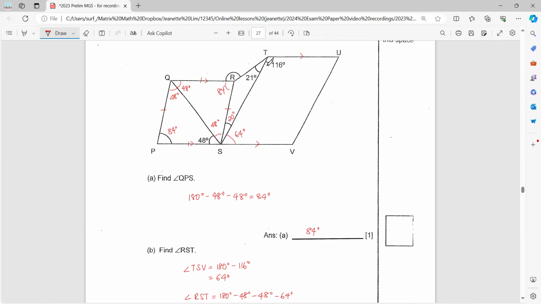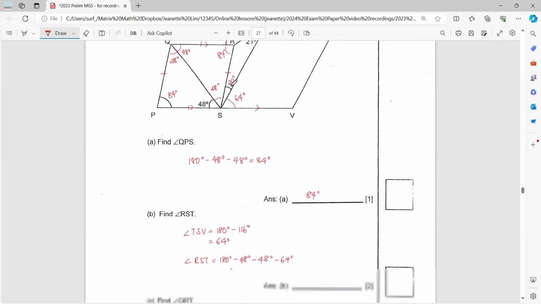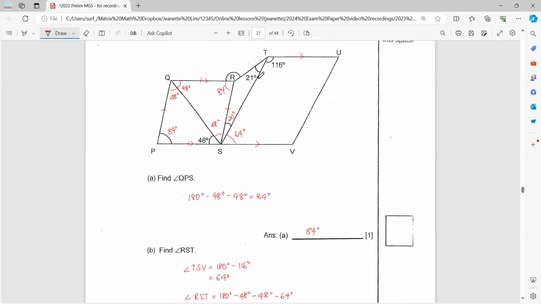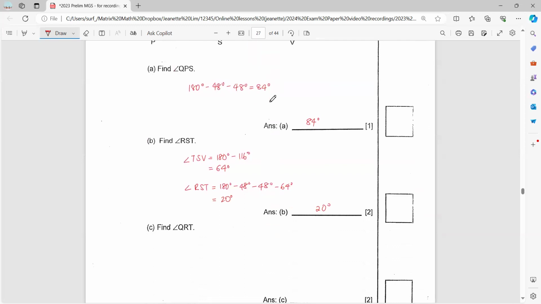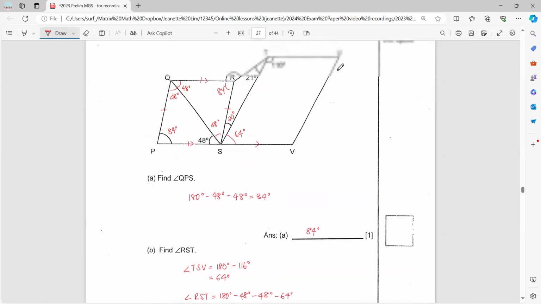This is a triangle, so we can use angles in a triangle to find SRT. 180 minus 20 and 21. So SRT is 139. So this over here is 139.